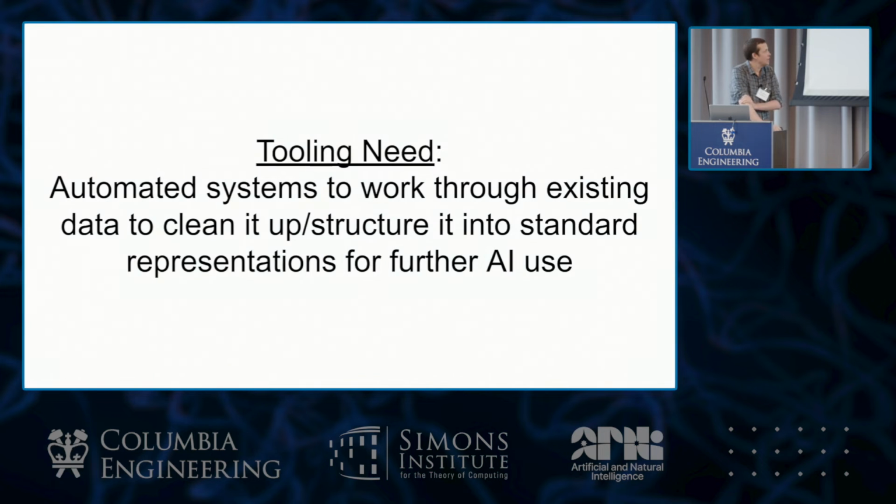I think one thing that would unlock a lot of this data would be something that could go through existing collections of data and replication files, and put it in a form that is semantically useful for automated approaches.